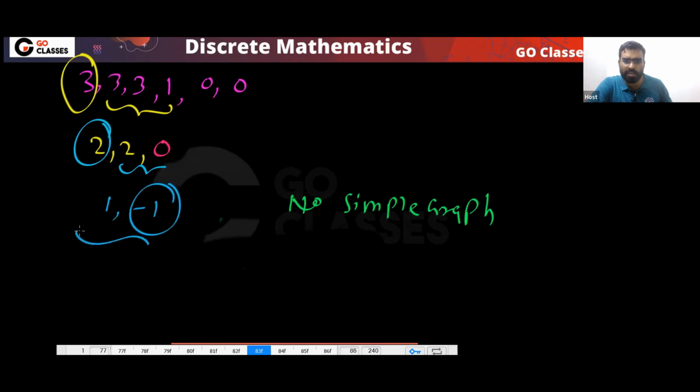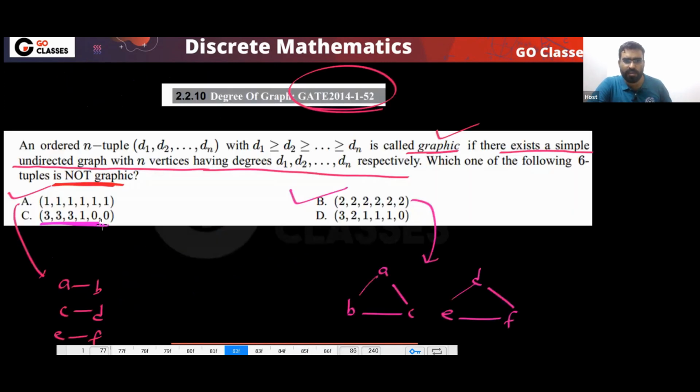Because of this -1, I can say there is no simple graph. The question is asking for not graphic, so the answer will not be A or B. The correct answer will be C.